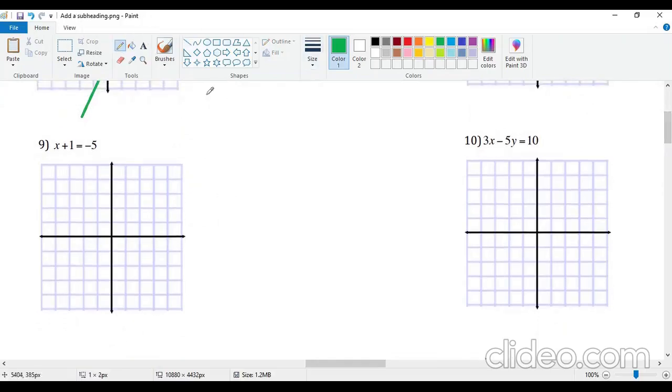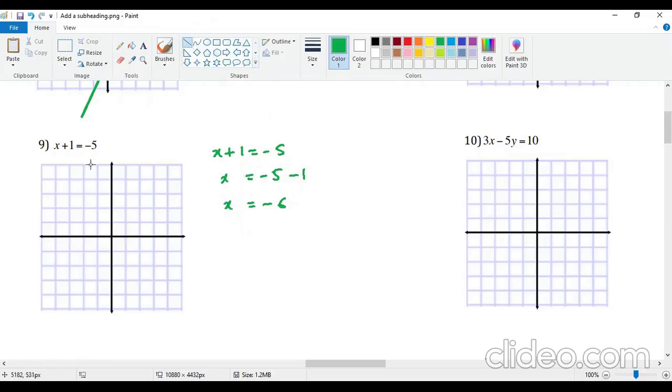Okay, so there's something mistaken here. Anyways, x plus 1 equals negative 5. So x equals negative 5, negative 1. There is nothing wrong in this. Negative 6. So x equals negative 6.